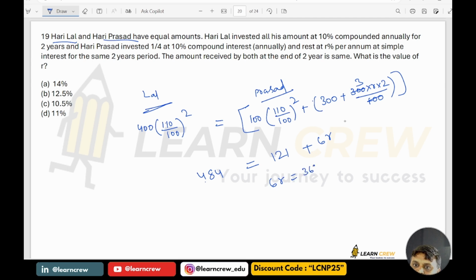Am I correct? 400 becomes 484, plus 300. Plus 300 and 121 makes 421, so it becomes 63. So R is equal to 63 by 6, which is 10.5. So the answer is 10.5%.